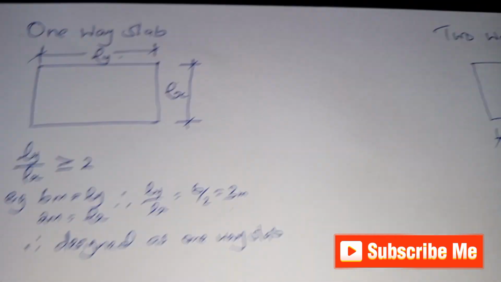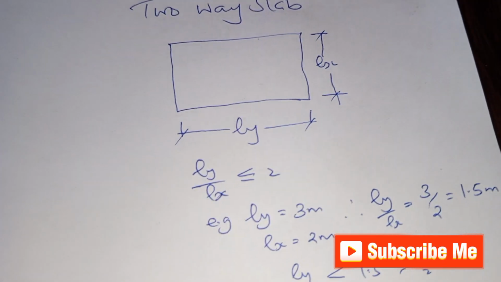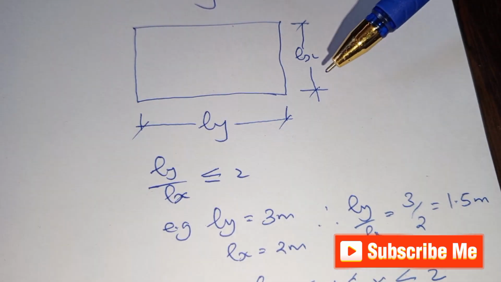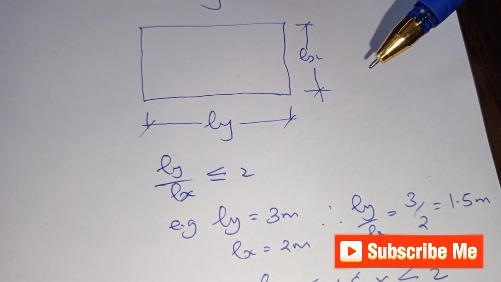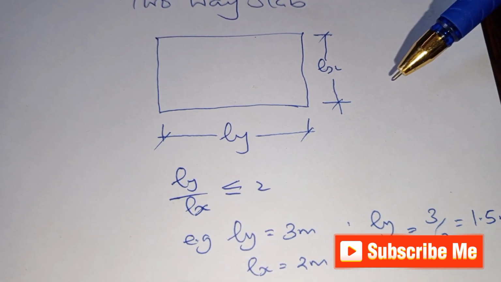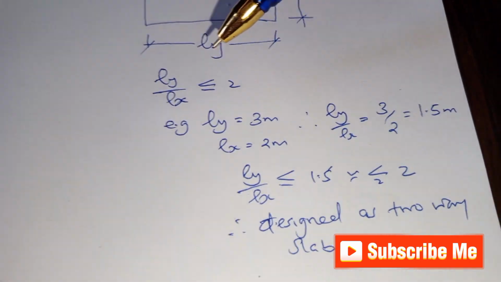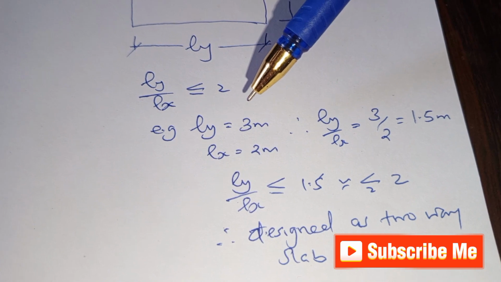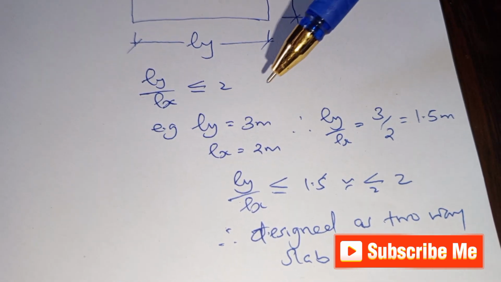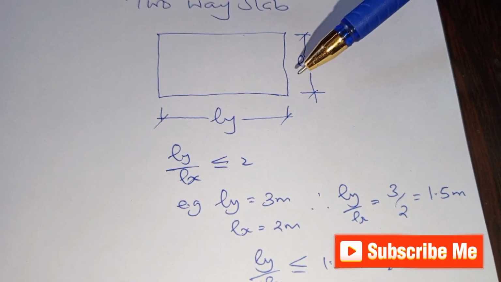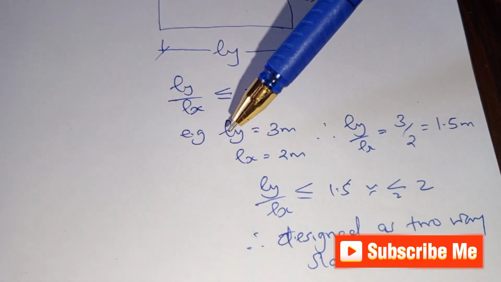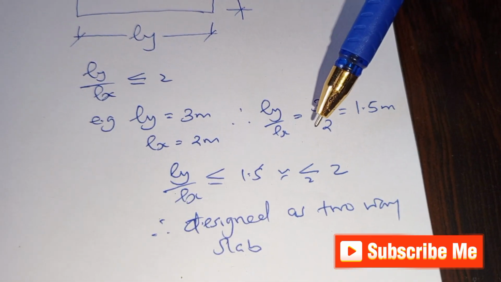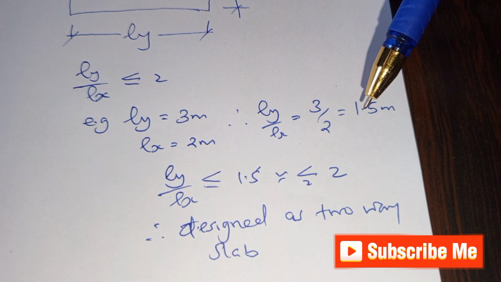Let us come to a two-way spanning slab. We have our LY, which is the longer span, and our LX, which is the shorter span. Taking an example where LY is 3 meters and LX is 2 meters, if you divide 3 meters by 2, you'll get a value of 1.5.